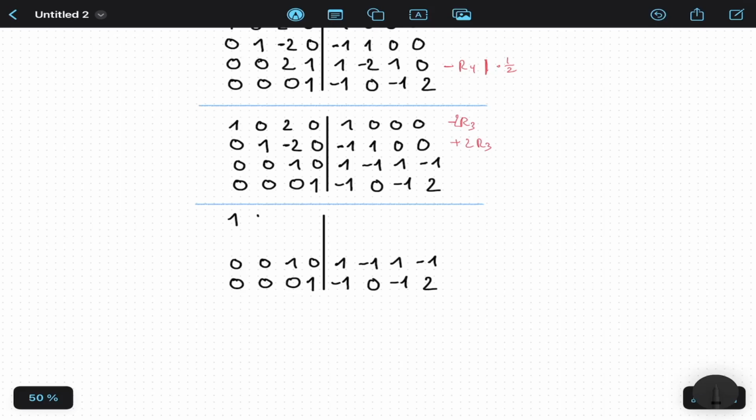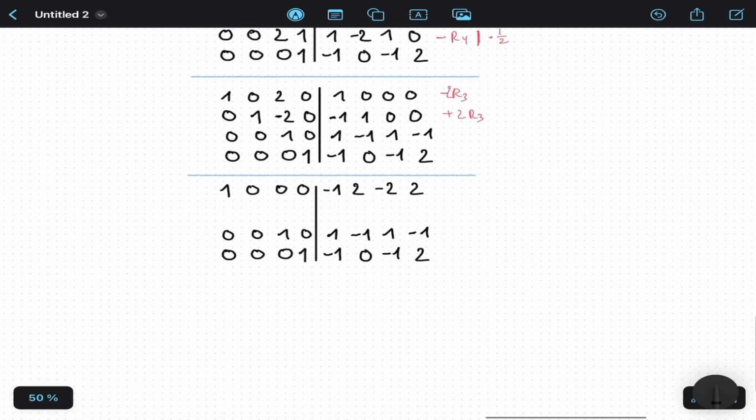And the second one will be a 0. Here we will have a 0, 2. And here we have a 0, 2. So more complicated is the right side. We will have here -1. Here we have a 2. Then we have a -2. And then we have a 2 again.